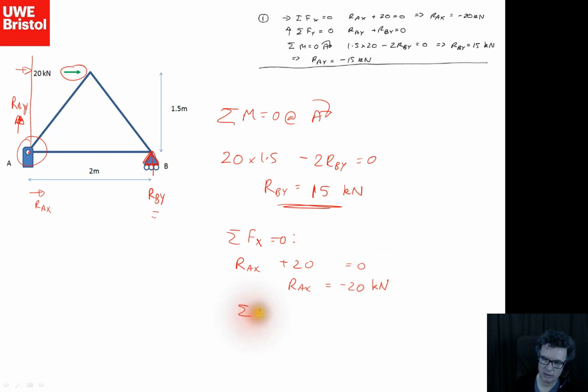And then you could sum up the forces in the y direction. So we've got RAY going in that direction, plus RBY going in that direction, and I can't see anything else. So my RAY is going to equal minus RBY, so therefore it'll be minus 15 kilonewtons. Okay.